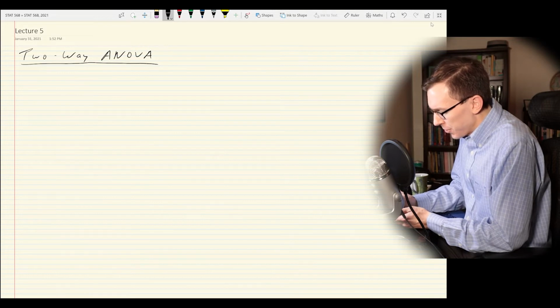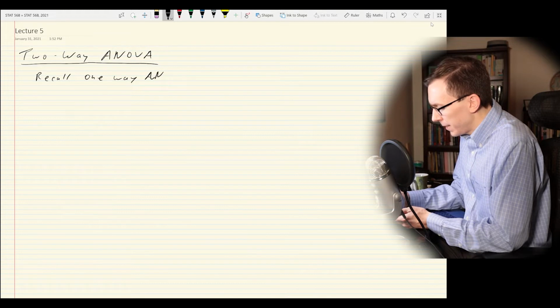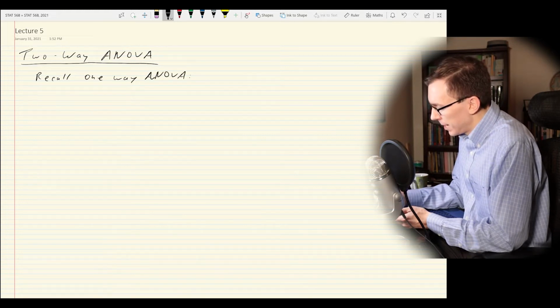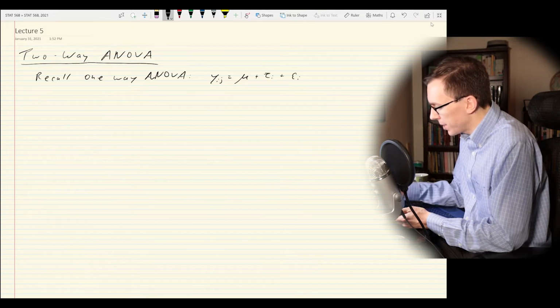Well, first, just to recall one-way ANOVA, which in my notes, I wrote in the form Yij is going to be mu, the global mean, plus tau i, the ith treatment effect, plus epsilon ij.